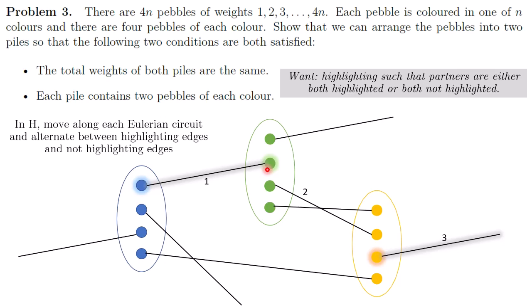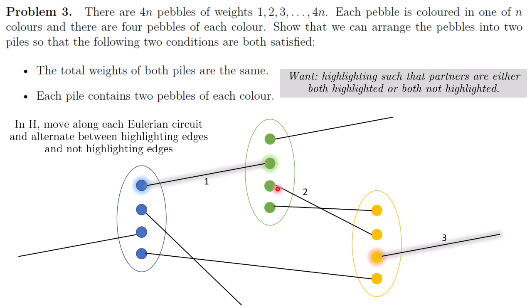Now, we also need to check that through this process, we will end up with exactly 2 pebbles that are highlighted and 2 pebbles that are not highlighted of each color. And this is quite a straightforward thing to check. So, for example, when we have an incoming edge, this will be followed by an outgoing edge. One of them is highlighted and the other one is not highlighted. So each highlighted one is paired up with a not highlighted pebble.